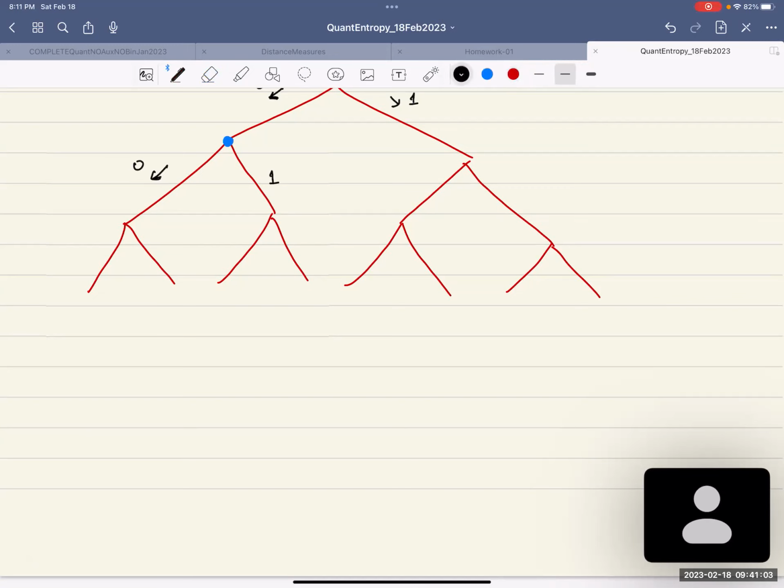Okay. So this gives us a nice thing. Suppose we have a set X and a distribution Px. Let us say Lx is the ceiling of log 1 by Px. So I take log 1 by Px and I take the smallest integer greater than that and set Lx equal to that.